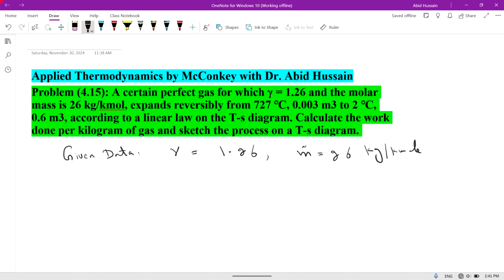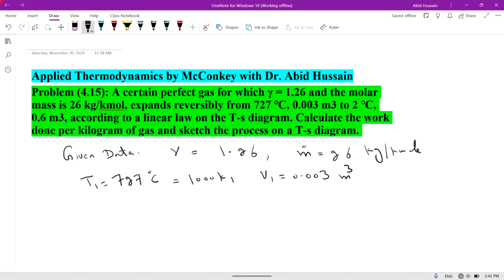Expand reversibly from 727 degrees centigrade, which is equal to 727 plus 273, which is equal to 1000 Kelvin, initial temperature T1, and initial volume V1 is 0.003 cubic meter.